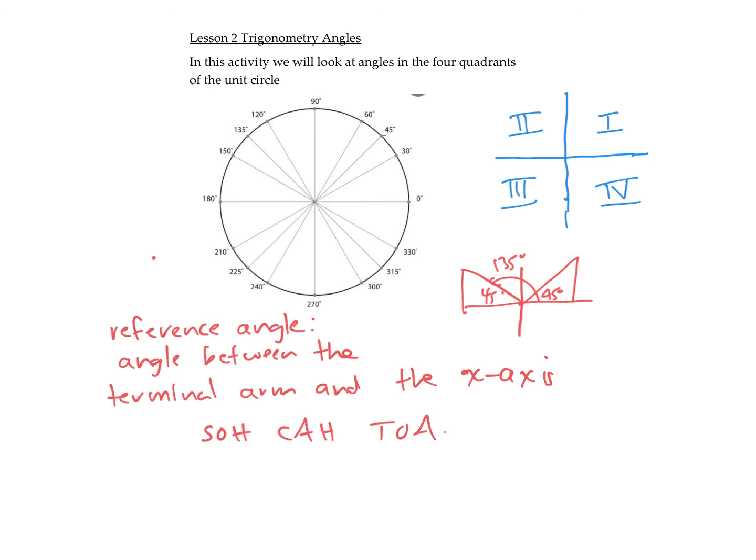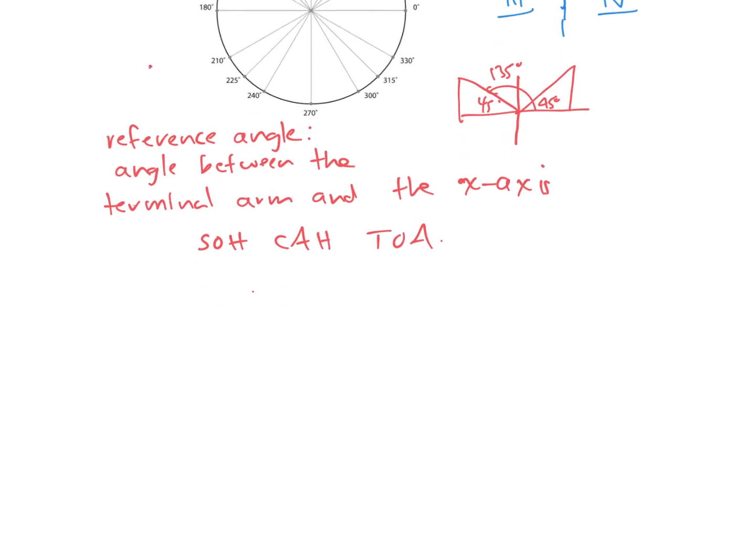The trig ratios will vary according to the quadrants that we're in. So for example, let's look at that 30 again. Let's say we had a 30-degree angle in quadrant 1. We've got an x, a y, and an r. This is the angle. In quadrant 1, the sine ratio is opposite over hypotenuse, so that's y over r, the radius of the line.